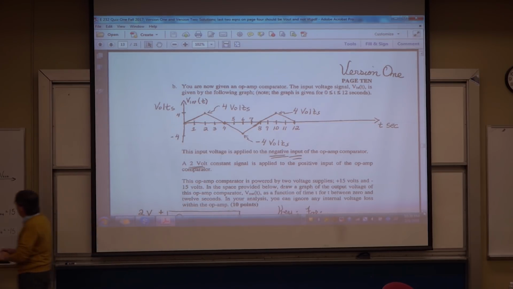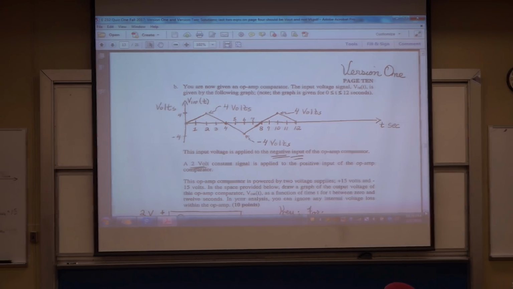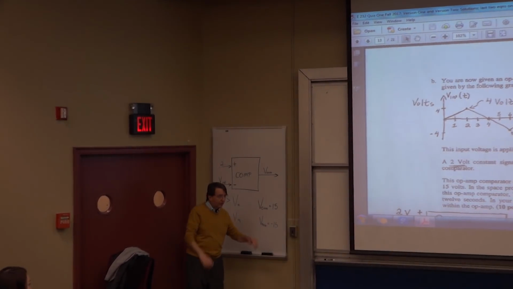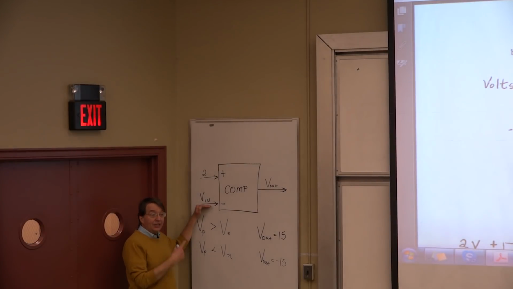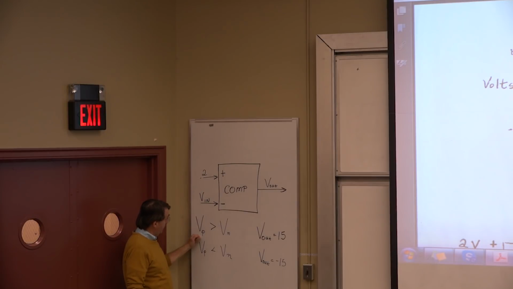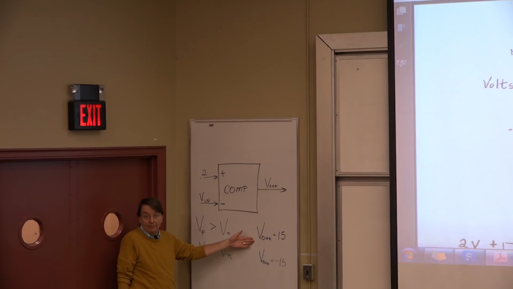So the positive voltage is 2, and this is V in. Now, before we dive into it, if V in is less than 2, what's the output? If V in is less than 2, that means V positive is greater than V negative. The output's 15.